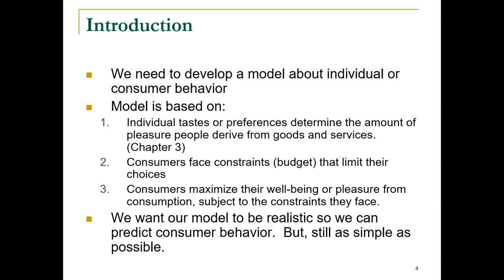And this particular model must be based on what we call individual tastes, or preferences, because these individual tastes and preferences determine the amount of satisfaction that people derive from goods and services. It is these tastes and preferences that determine the utility that I'm going to derive from the consumption of any good or any service. So our model is going to depend on consumer tastes and preferences.